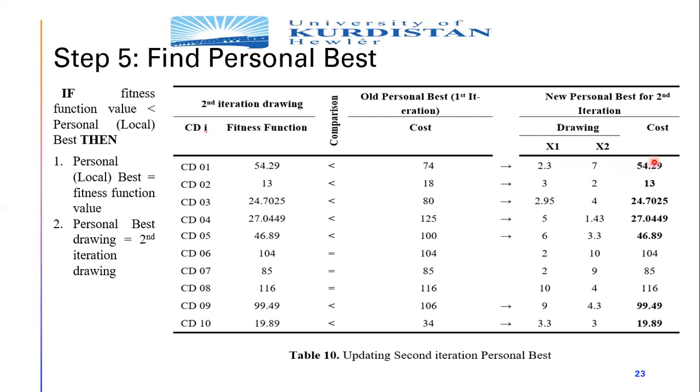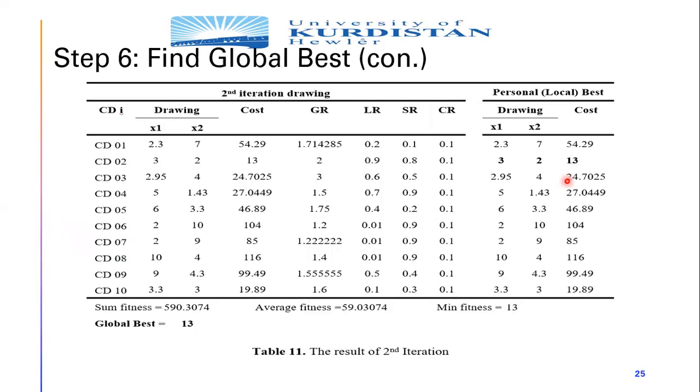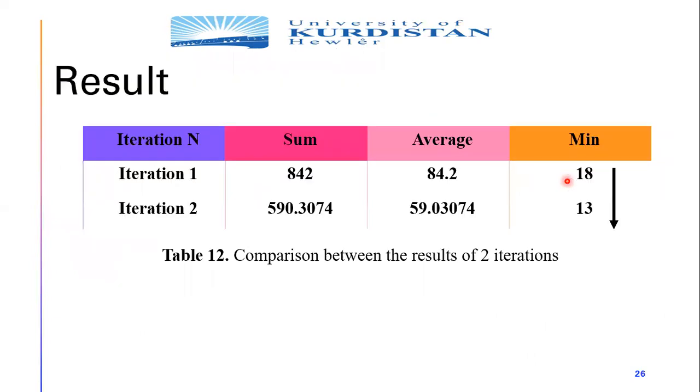And this one has been changed, that one has been changed, so these are all changed. Now, here we have iteration 1 and iteration 2, and you can see the sum is reduced, the average is also reduced, and the minimum value is reduced, as we do minimization. So in iteration number 2, the result is improved.